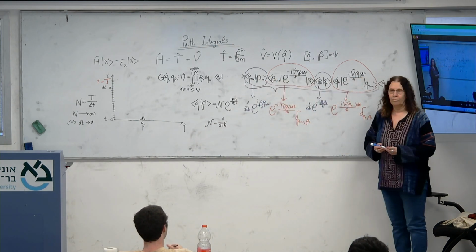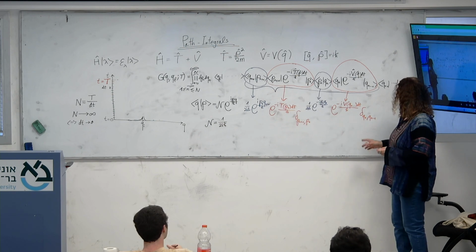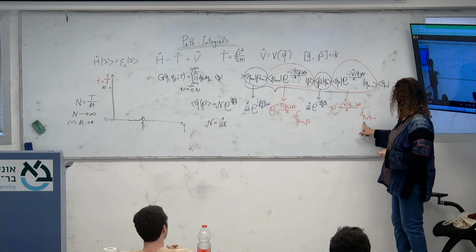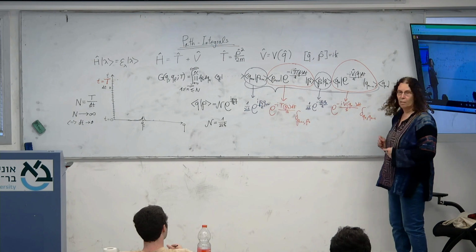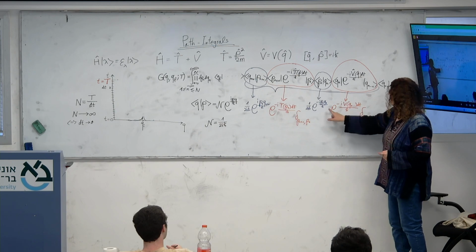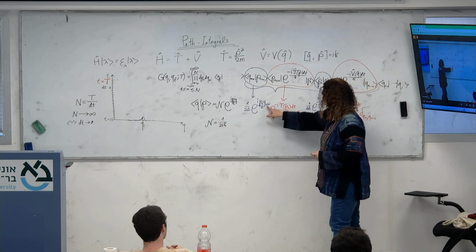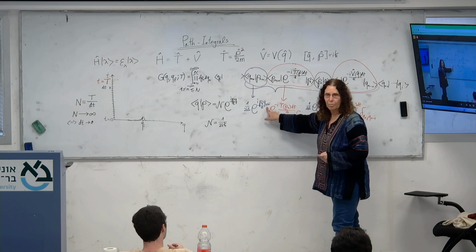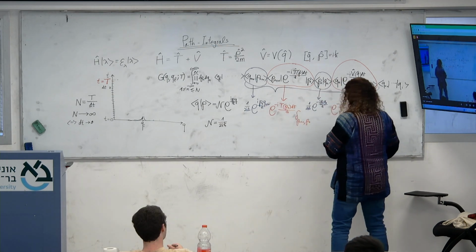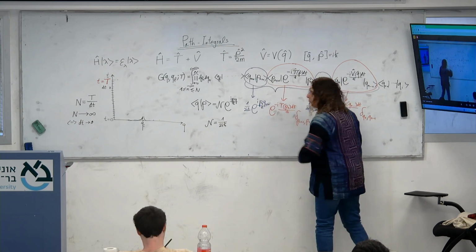So there are two places where I use the deltas. Here I write everything in terms of the coordinate Q_n. This is the same Q_n, but this is already Q_{n+1}. And this P_n will go all through here.